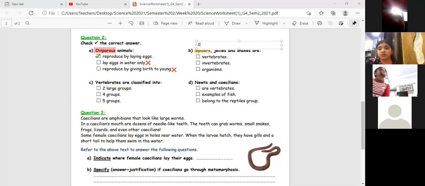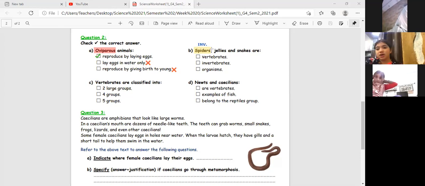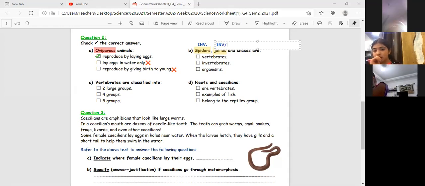But what about snakes and jellies? Jellyfish are invertebrates. Thank you. What about snakes? They are vertebrates.